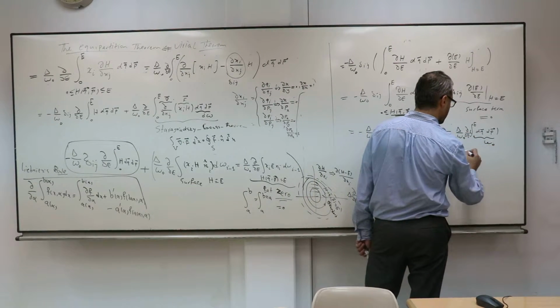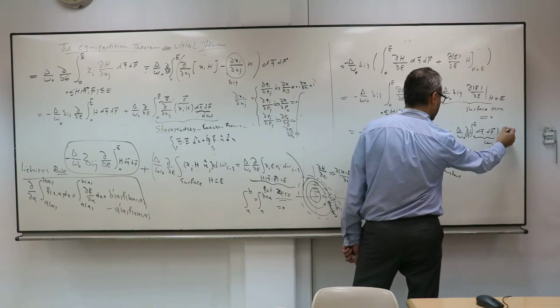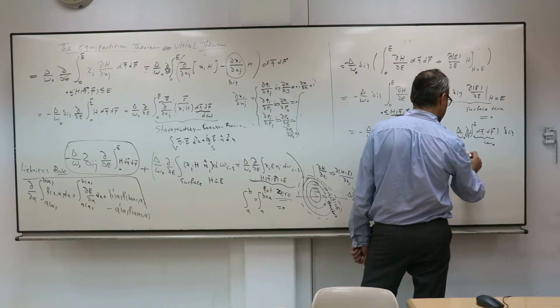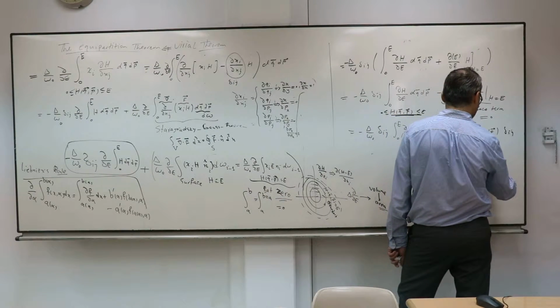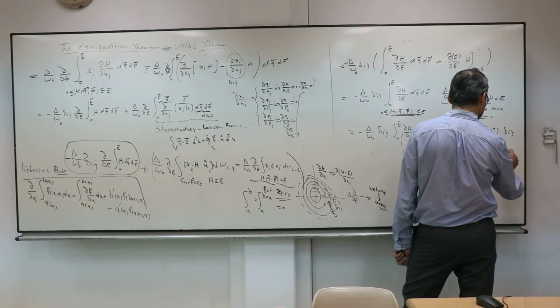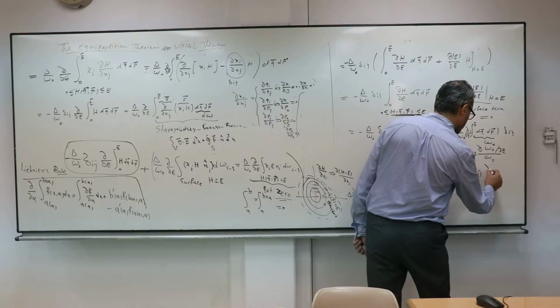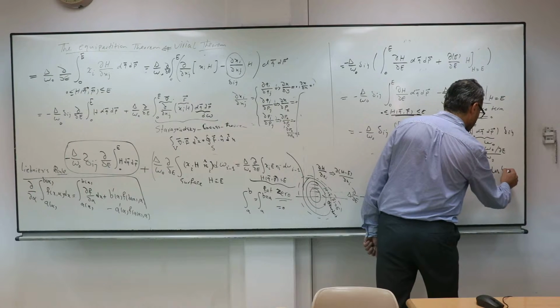So we can write it omega 0. And we have one delta ij here. Delta ij, partial derivative of omega 0 multiplied by delta over omega 0. Something like e. Delta ij, partial derivative of logarithm omega 0.